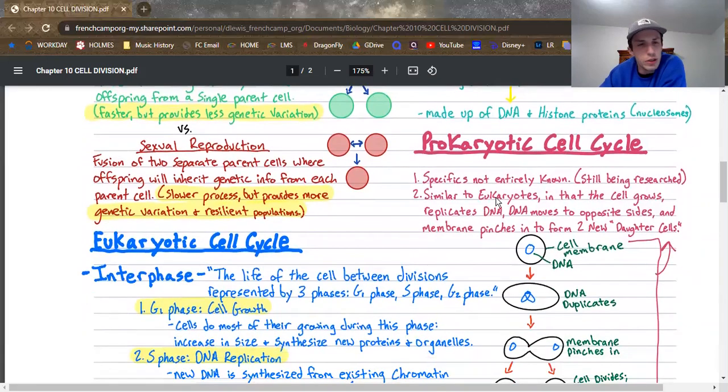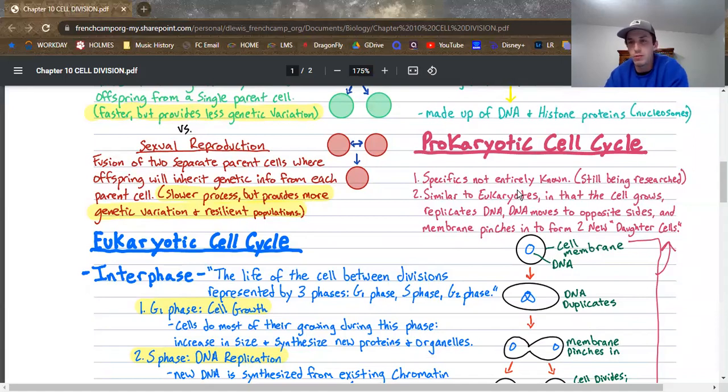For the, let's look at prokaryotic. For the prokaryotic cell cycle, specifics not entirely known. That's not entirely true. We will do a different unit on this if we have time before I leave, where we'll get into more specifics about how the strand here will attach to certain places, how it'll swap DNA with other single cell organisms.